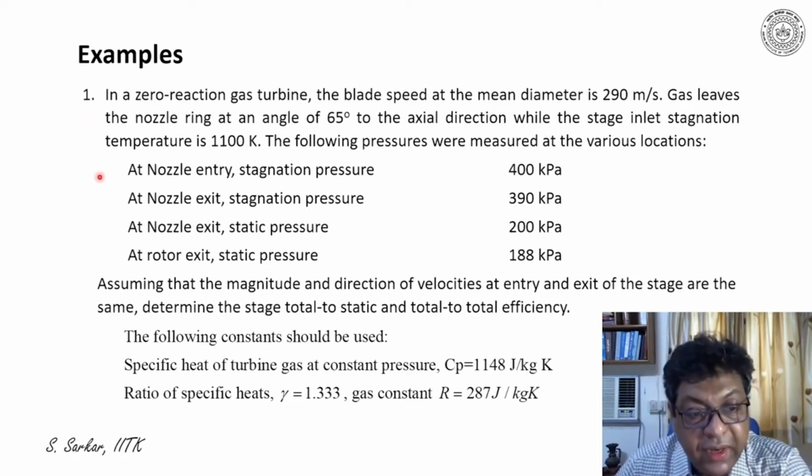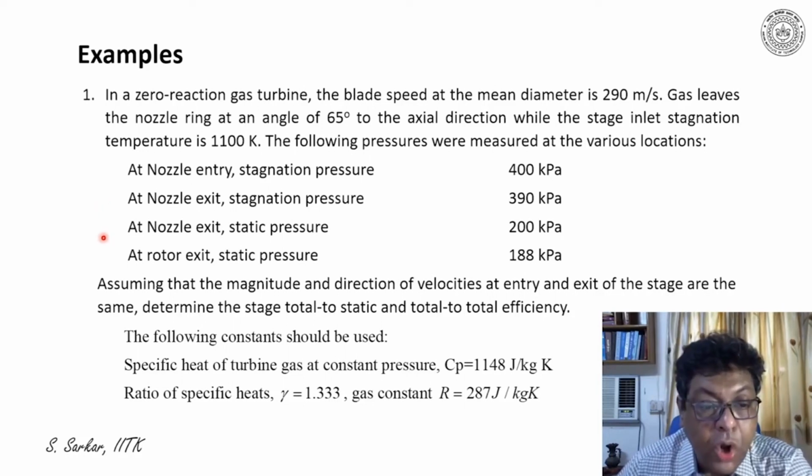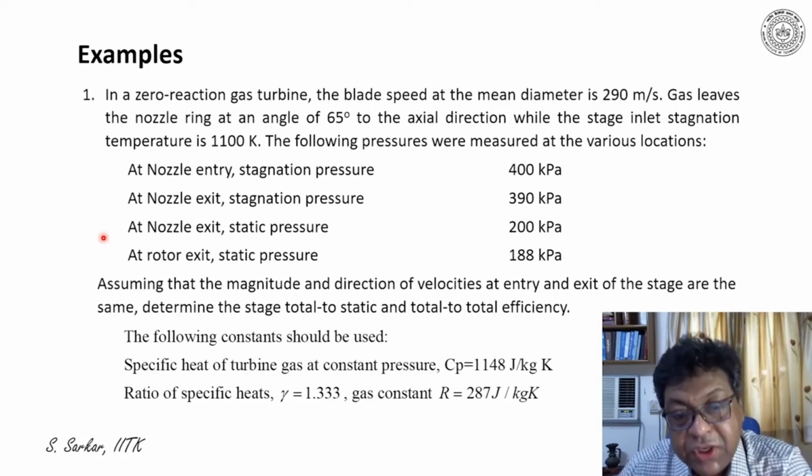At the nozzle entry, the stagnation pressure is 400 kilopascal. At the nozzle exit, the stagnation pressure is 390 kilopascal. At the nozzle exit, the static pressure is 200 kilopascal.